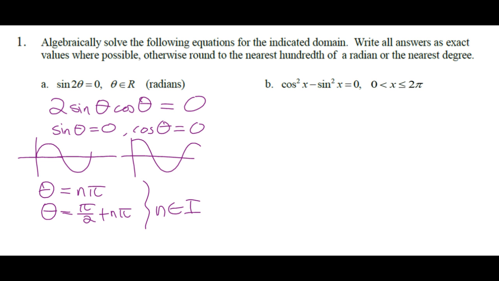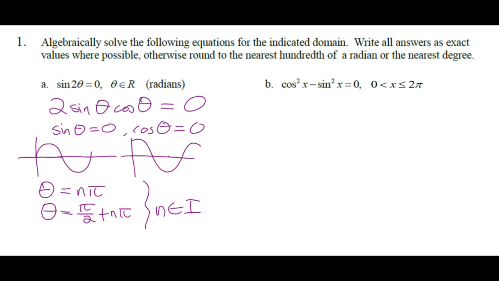Now wait a sec. Will pi over 2 plus n pi cover these guys too? Let's see, if we went half pi. So if we just did half pi, we get 0, we get a half pi, we get a full pi, we get 1.5 pi. Yeah, I think we could just do multiples of pi over 2.